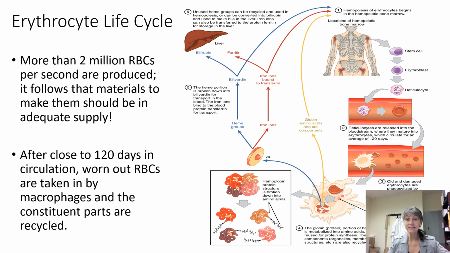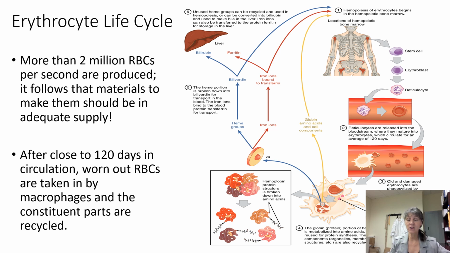These erythrocytes, as they go through circulation and as they become older and damaged and worn out, may become phagocytized or just break apart, but oftentimes they're phagocytized by macrophages in the liver, the spleen, and in the bone marrow, where the macrophages, when they engulf the red blood cells, will further break them down with the digestive enzymes from their lysosomes.